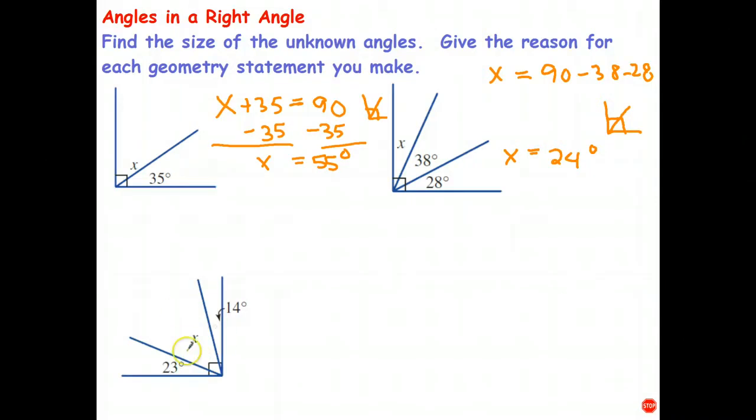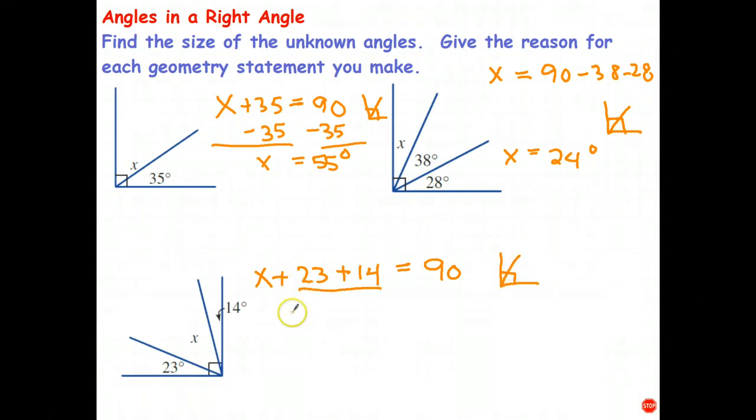Okay, welcome back. I'll do the setting out on this one similar to that, just to have a comparison between these two. What I know is x plus 23 plus 14 adds to 90. The reason I know that is because angles in a right angle add to 90 degrees.